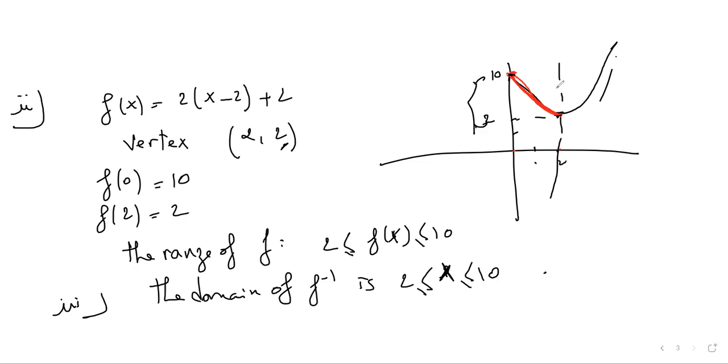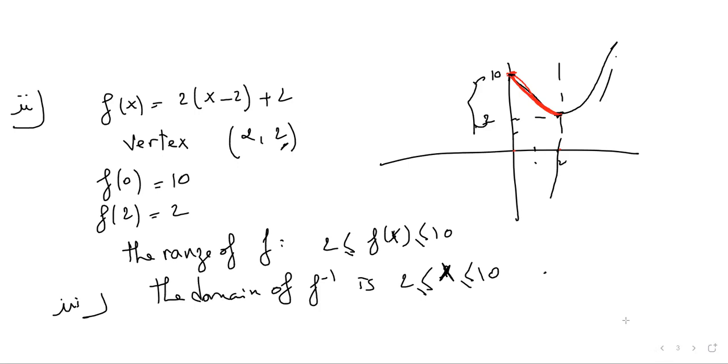Okay, I did a bad sketch here. Let's do it the correct way. So I have, this is the x-axis, and I would like to have the y-axis as well. Right, and we said x is equal to 2 is the symmetry line.